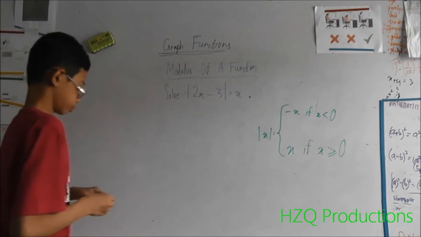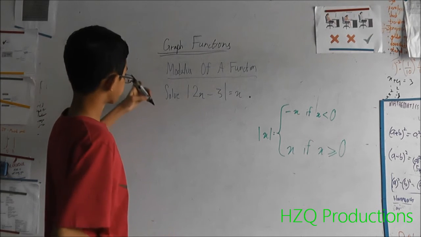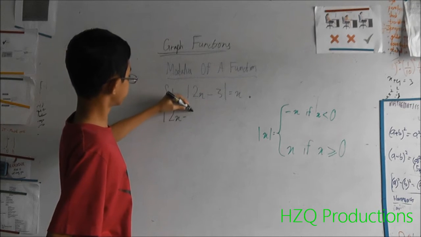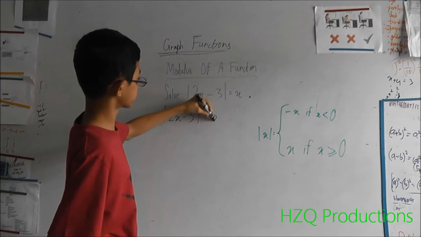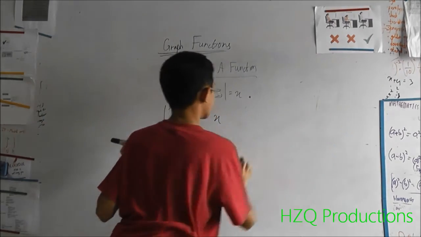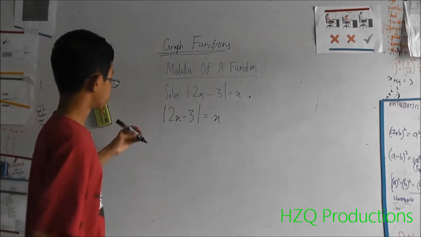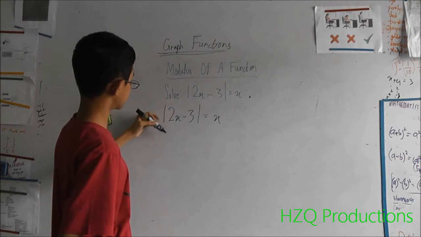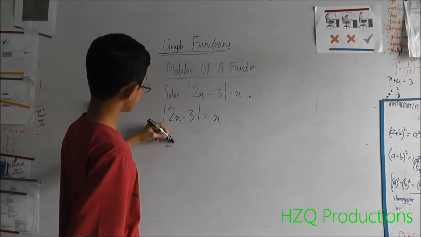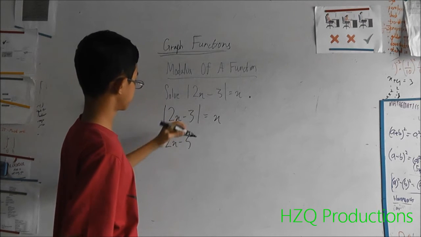Okay, so on this one, 2x minus 3 equals x. What happens next? We're going to delete the modulus lines here, to free the 2x minus 3.